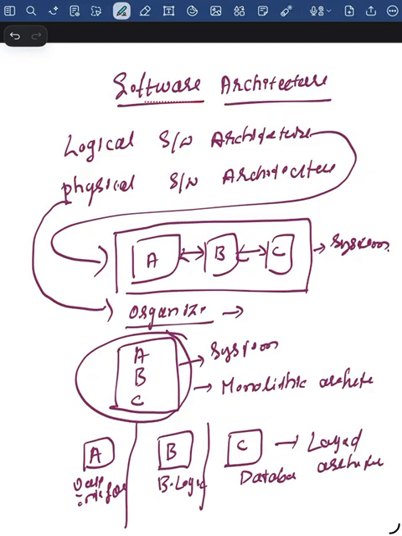So this is how we identify the components and identify how they interact with each other. Then we organize those components into groups. There we lead to architectural patterns.